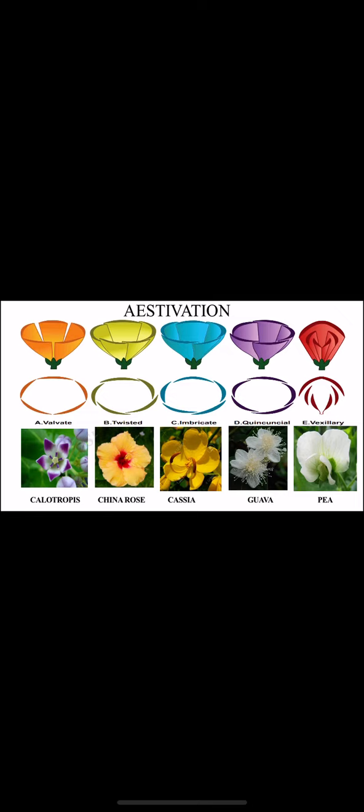In imbricate, they overlap in a different direction, not in the same direction. Quincuncial is similar to imbricate, but here 2 petals are out, 2 petals are in, and one is in and out. In vexillary, it has a standard petal, 2 wing petals and 2 keel petals which are fused. Example for valvate: calotropis; twisted: China rose; imbricate: cassia; quincuncial: guava; vexillary: pea.